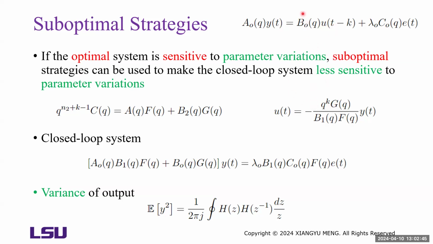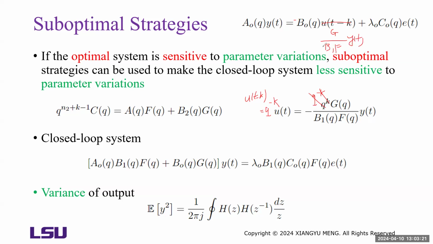So let's do it. Okay. Similarly, let's multiply Q negative K on both sides of the equations. So this is gone, and this will be u(t minus K). Then we know that u(t minus K) will be negative G over B1 F times y(t).